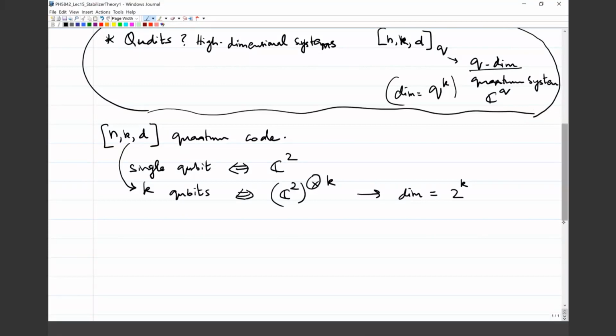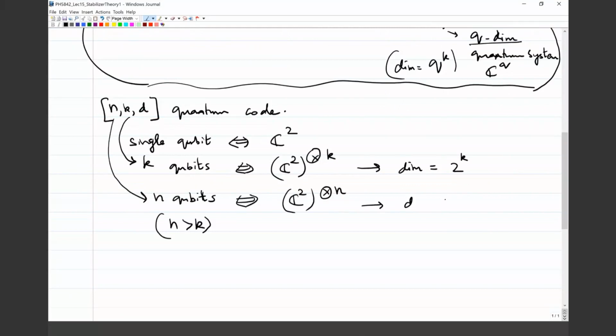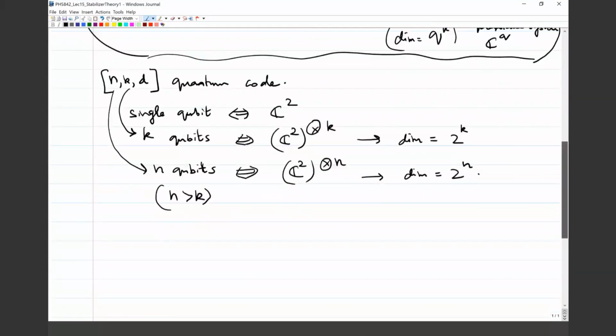So now you want to encode this into n qubits. So of course you will want n to be greater than k, right? That's when the whole encoding idea even makes sense. And so this will be associated with the C^2 tensor n system, and this will have dimensionality 2 to the n, right? So now what is the code space dimension? The 2 to the n is the dimension of the full encoded space, right?